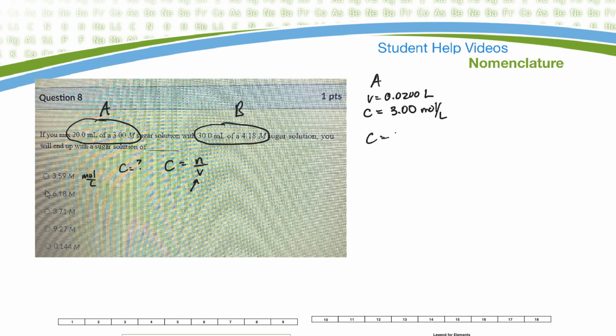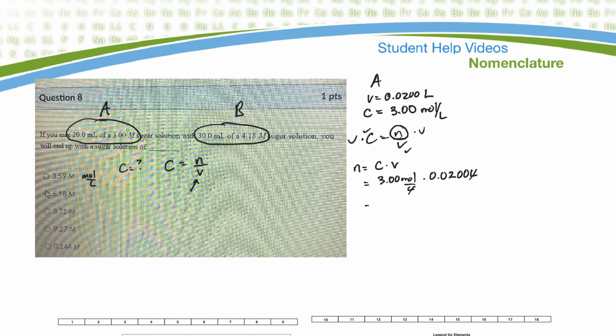Now, looking at that formula, they're giving me concentration and volume, so I can find how many moles are in solution A. To find moles, I have to move the volume to the other side, so multiply both sides by volume. So moles are going to be equal to C times V. The concentration is 3.00 moles per liter, and the volume is 0.0200 liters.